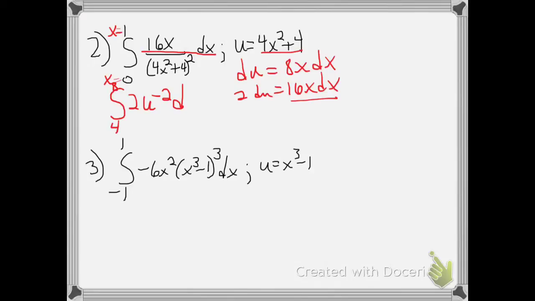All right, number 3, take your derivative, which is 3x squared. When you look up in your original problem, you need a negative 6x squared dx, so I'm going to multiply this one by negative 2.